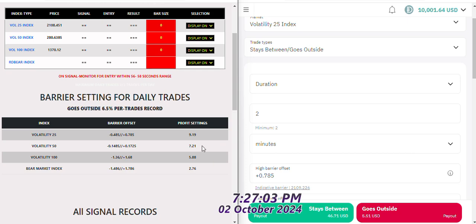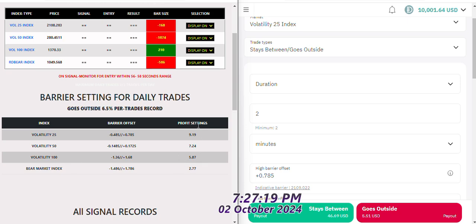Now, this percentage changes. I've always been talking about all these percentages where you see my sensor moving. As you can see, volatility 25, you have 9%, 50, 7%, now 100, 5%.